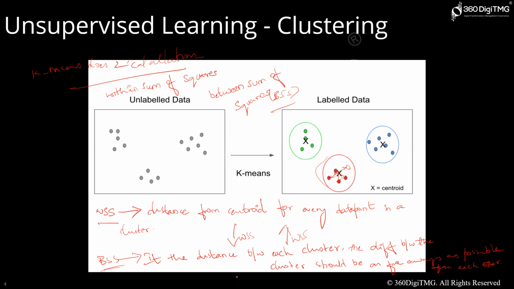So this is the difference between WSS and BSS. BSS is the distance between each cluster.